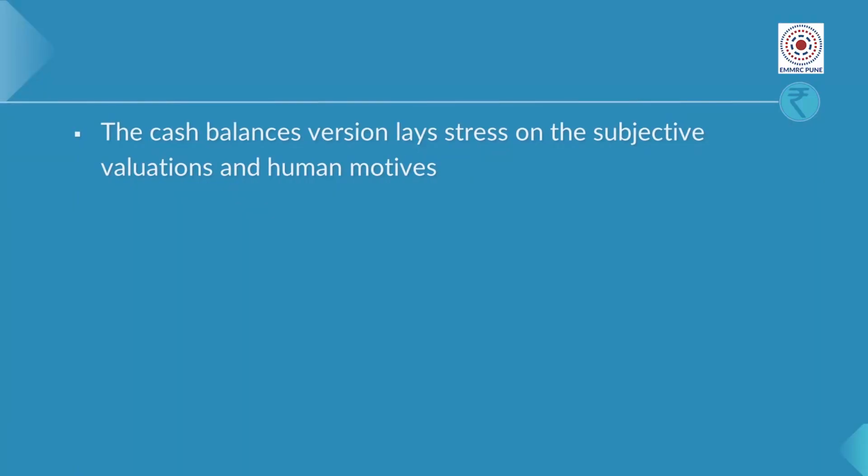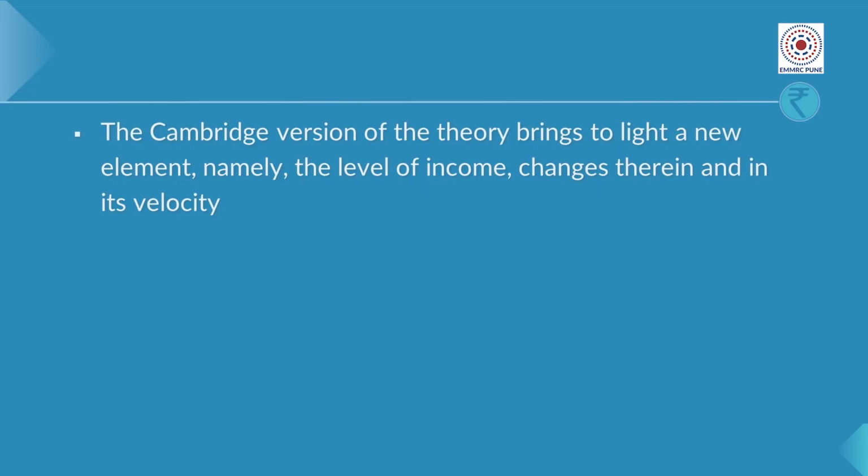The cash balances version of the quantity theory of money is superior to Fisher's version on certain grounds. 1. The cash balances version lays a stress on the subjective valuations and human motives, which are the basis of all economic activities, in sharp contrast to the highly mechanical nature of the concept of velocity in Fisher's equation. 2.